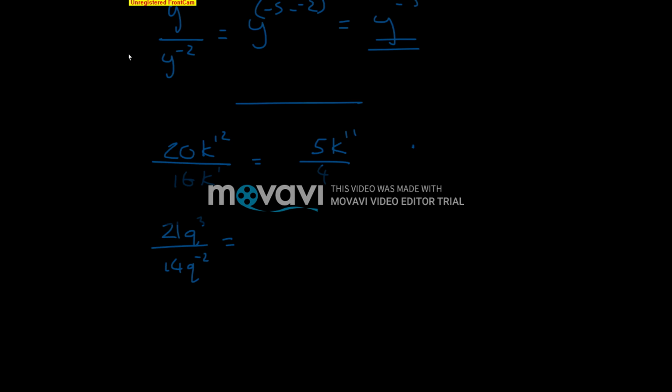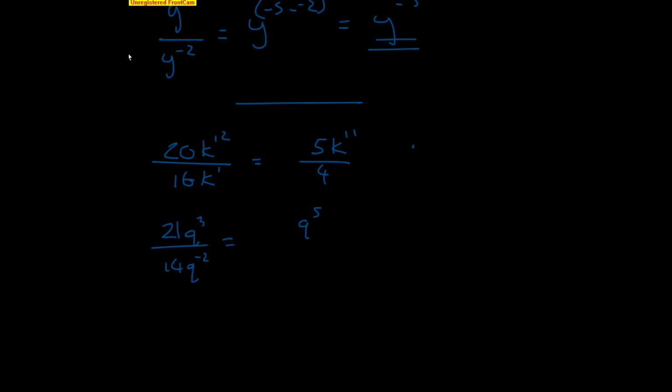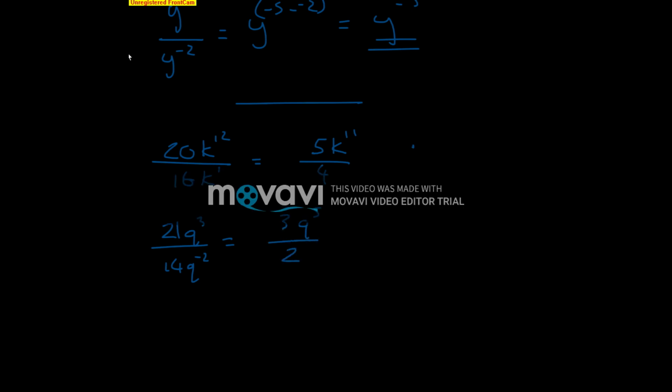So 3 take away negative 2 is 3 plus 2, so I know I'm going to have q^5. 21 divided by 14, that's obviously your 7 times table. So 21 divided by 7 gives us 3, 14 divided by 7 gives us 2. So 3 over 2, q^5. And I've got a wee double underline as well.